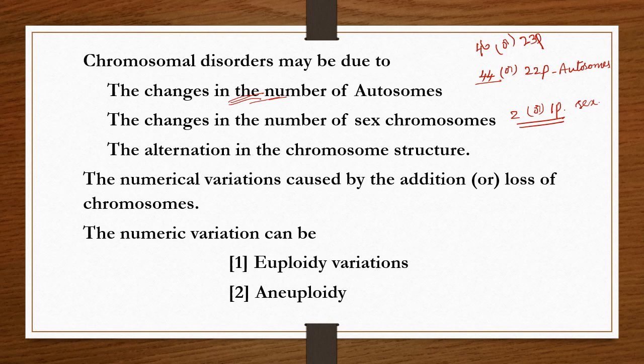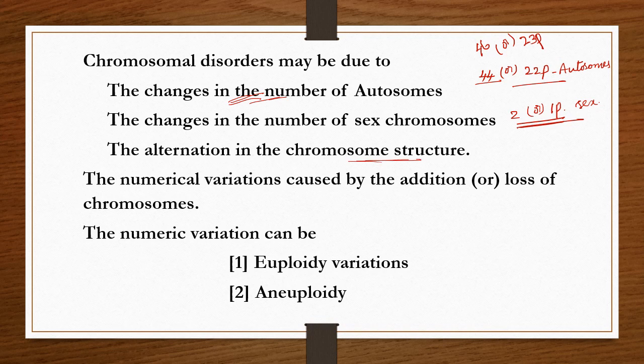So a chromosomal disorder may be due to a change in the number of autosomes or sex chromosomes. It may also be caused by an alteration in the chromosome structure. If the chromosomal structure is changed, it leads to a chromosomal disorder.